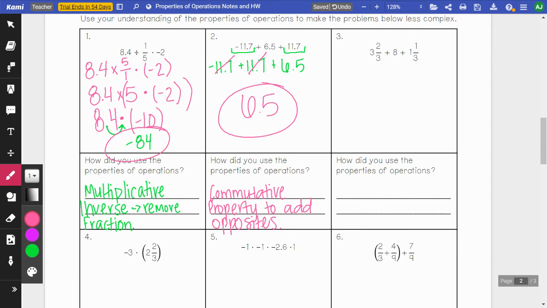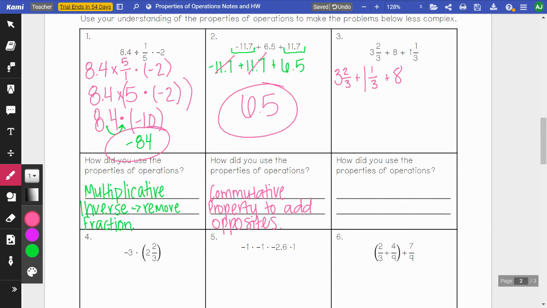All right, I have some fractions and a whole number. Thankfully, the fractions that I'm adding do have common denominators, so that is a plus. I am going to use my commutative property here so I can rewrite them to be next to each other and then add my whole number on the backside.